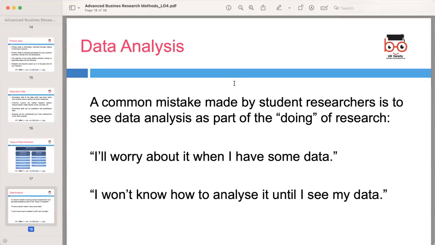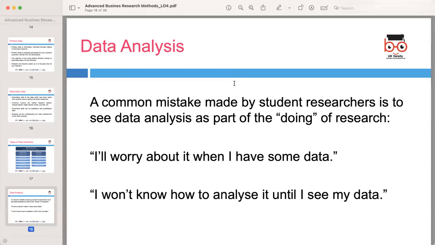A common mistake made by student researchers is to see data analysis as a part of the doing of research. I will worry about it when I have some data, or I won't know how to analyze it until I see my data.